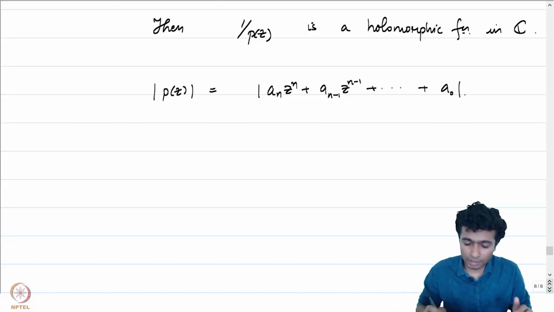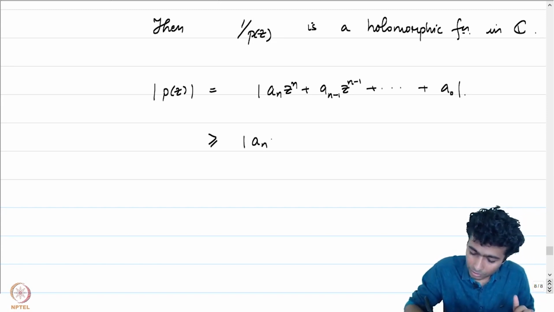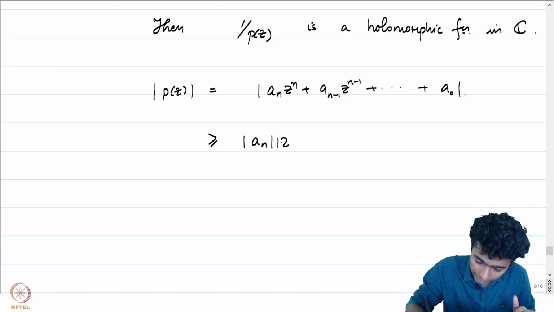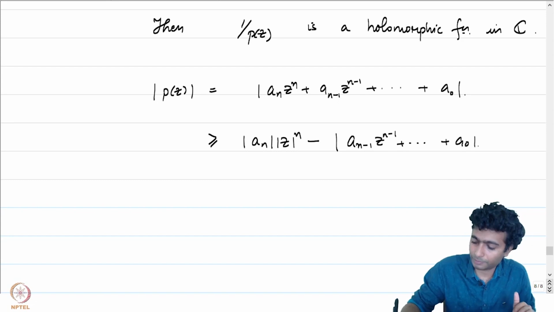And by triangle inequality, we can write that this is greater than or equal to mod of an times z to the power n. So let me write it this way, minus absolute value of a(n minus 1) z to the power n minus 1 plus all the way up to a0.